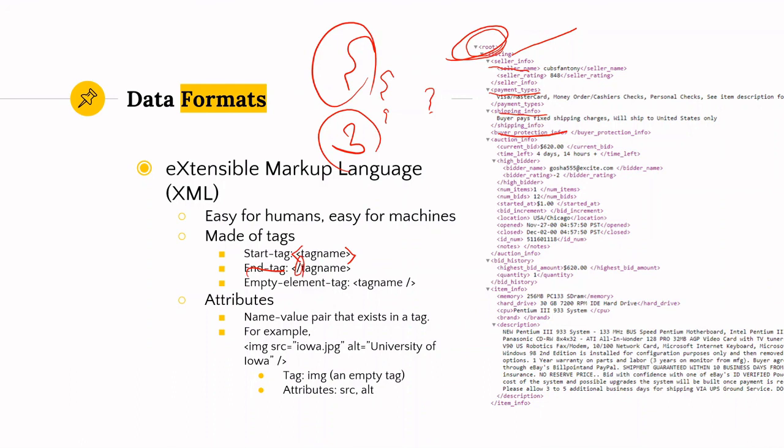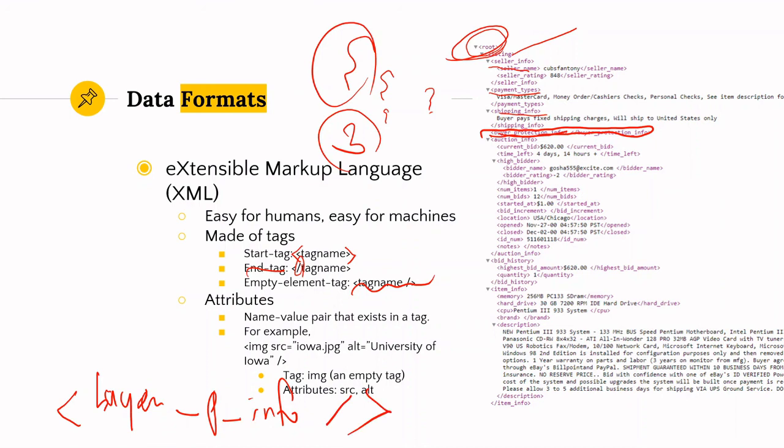Sometimes if you have an empty element, then you can use something like this. Let's say in this case, buyer protection info is obviously empty. There's no entry in there. In that case, an equivalent form would be an open angle bracket, buyer protection info, and then a space, forward slash, close angle bracket.